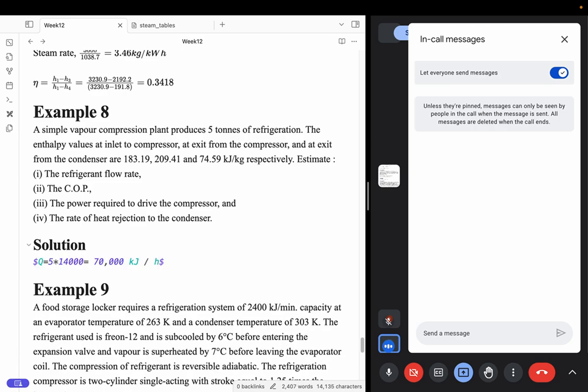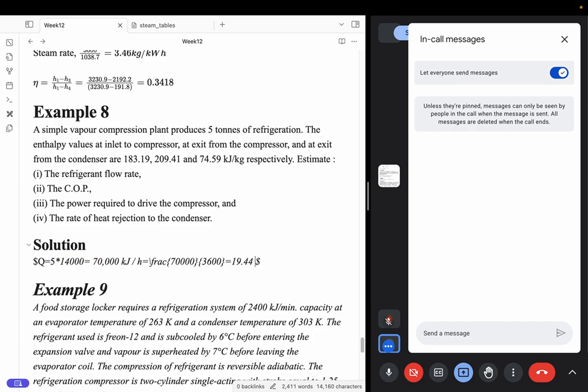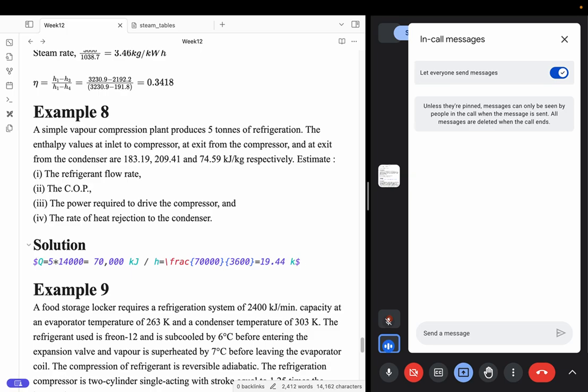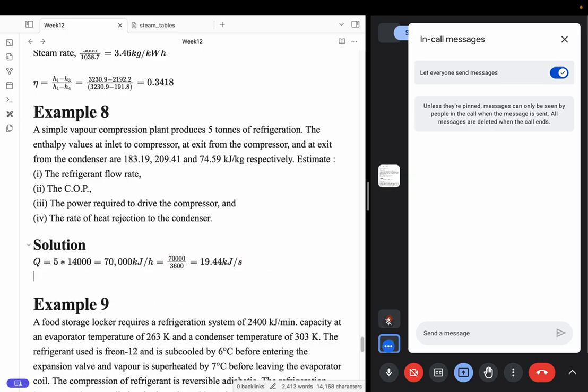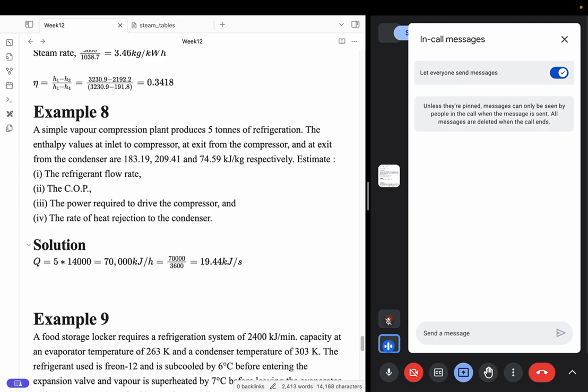If I convert that into per second, 70,000 by 3,600, that will give me around 175 by 9, which is 19.44 kilowatt, or let's use kilojoule per second. For work we are using kilowatt, so for heat we'll use kilojoule per second.